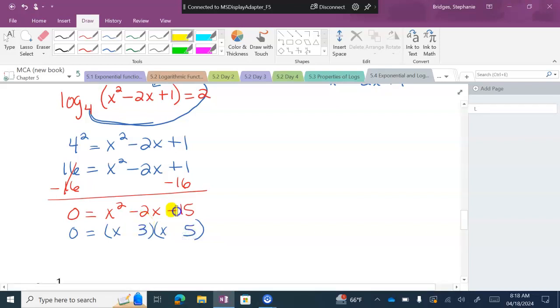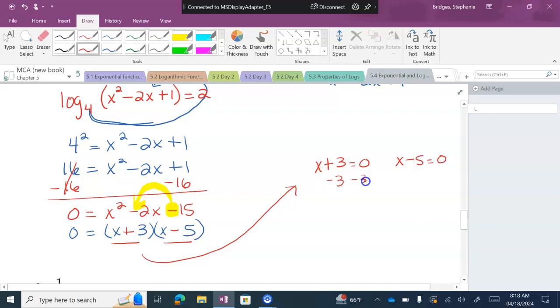Are my signs going to be the same or different? Different, and the first one goes in front of the bigger number, so it is going to be a minus 5 and a plus 3. And then remember, we set each one of those equal to 0. I'm going to come over here because I'm running out of room. And I solve individually.